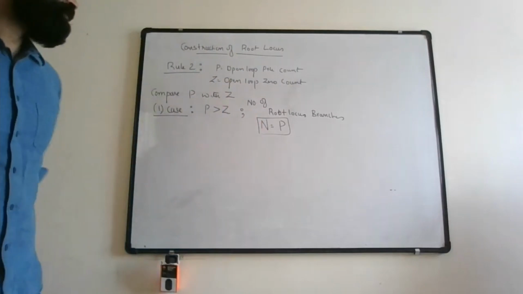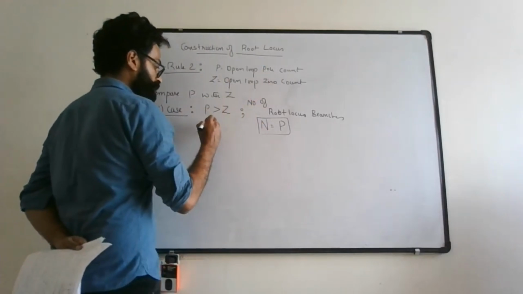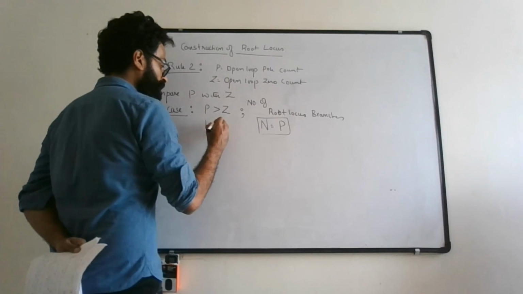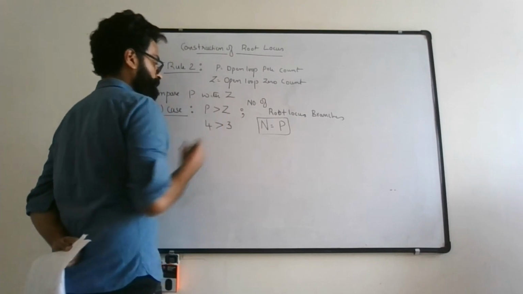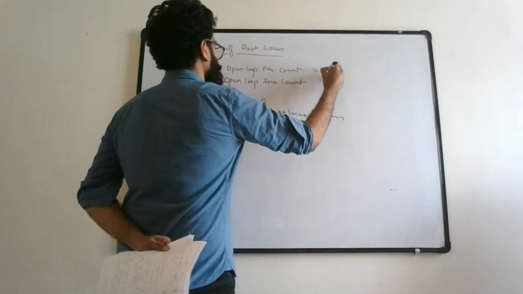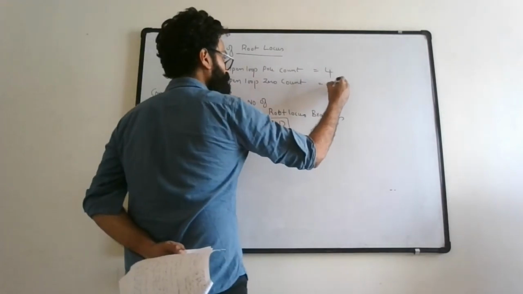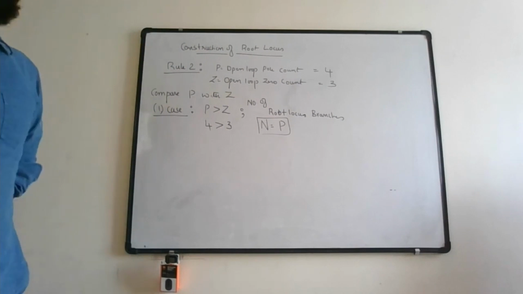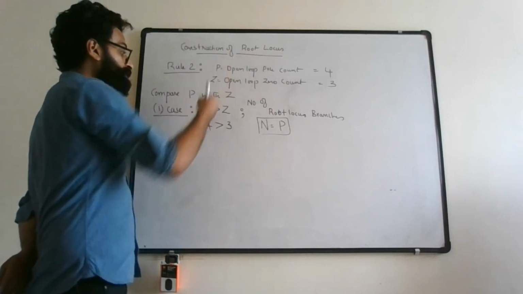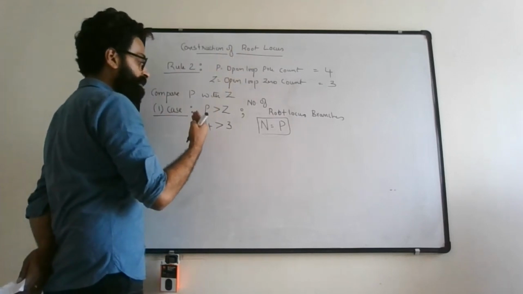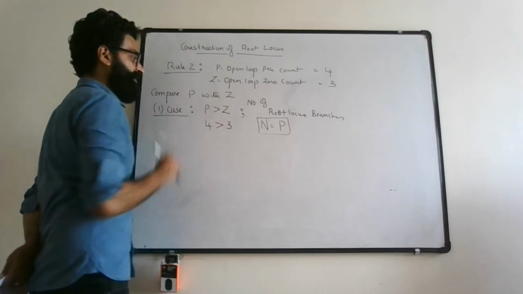For example, let us say you have 4 poles and 3 zeros in your open loop transfer function. When you compare P with Z, obviously poles are greater than zeros.